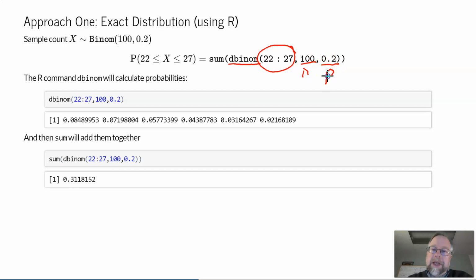That is p. And I add all of those up. So if I do it in parts, dbinom, 22 to 27, n is 100, p is 0.2. Here you'll see those numbers that I showed you earlier, but I'm not rounding them this time.